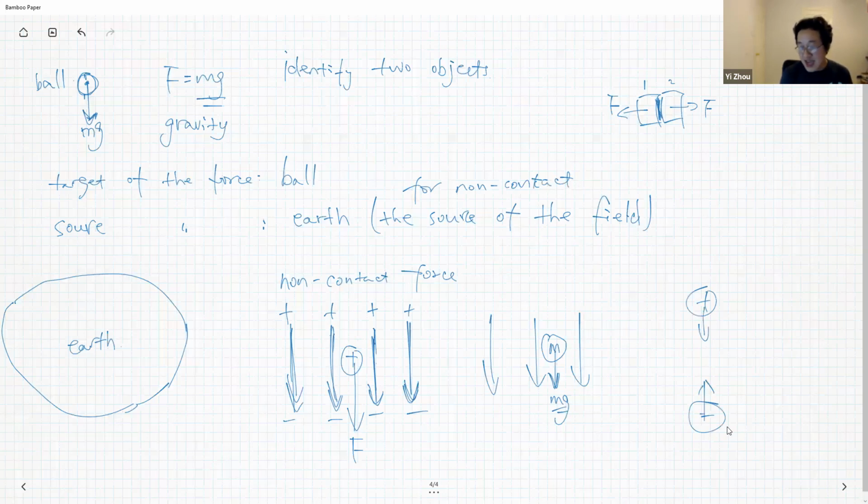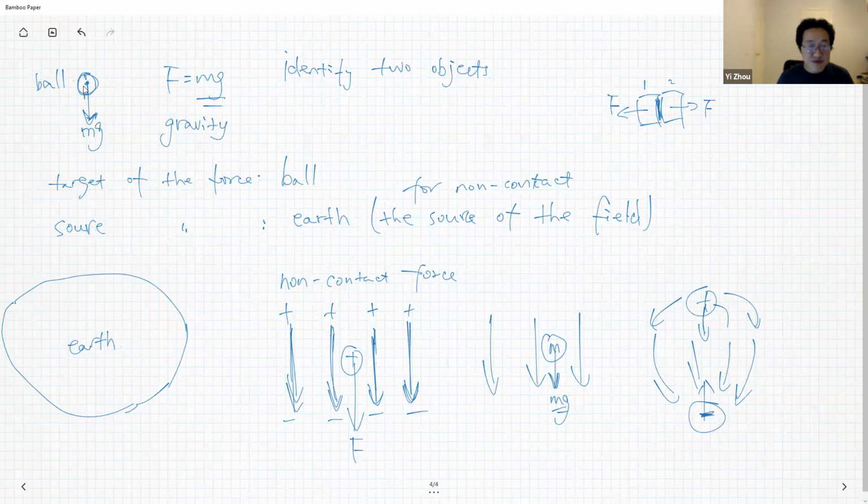That's because the negative charge generates an electric field like this, and the positive charge also generates an electric field like that. So the positive charge is in the field generated by the negative charge, and the negative charge is in the field generated by the positive charge. Because they are non-contact, you have to find the source of the field, then you can find the two objects, because every force has a source and a target. So that's how you identify these two objects.